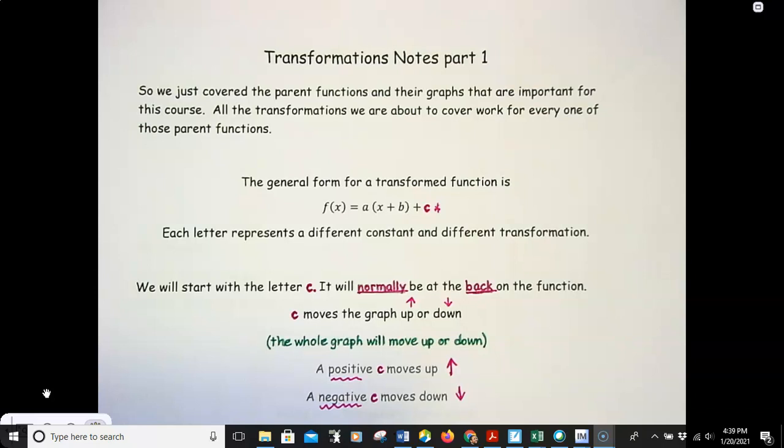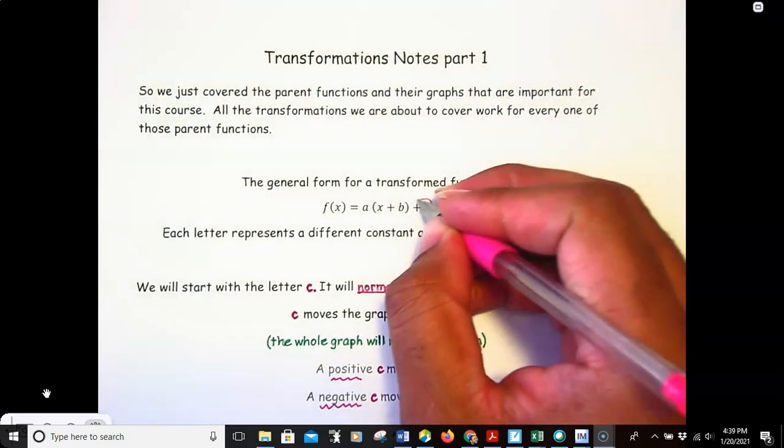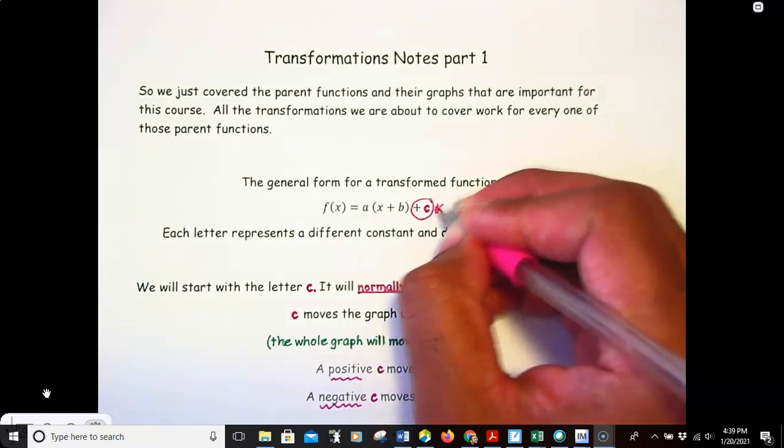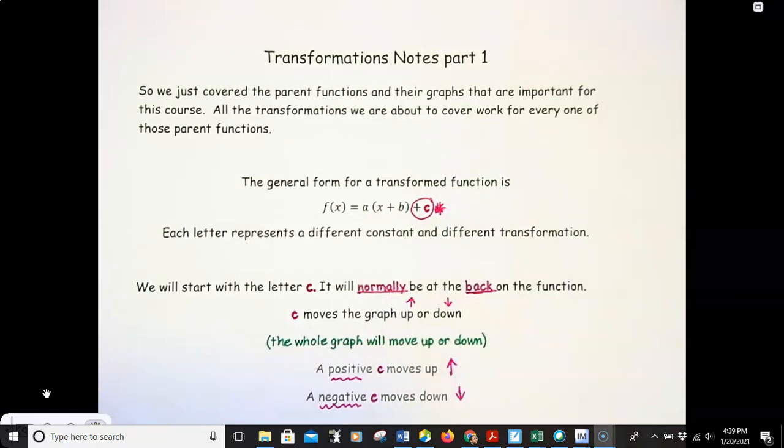So the function's either going to move up or go down, all depending on what number is right there. If it's positive, it goes up. If it's negative, it goes down.